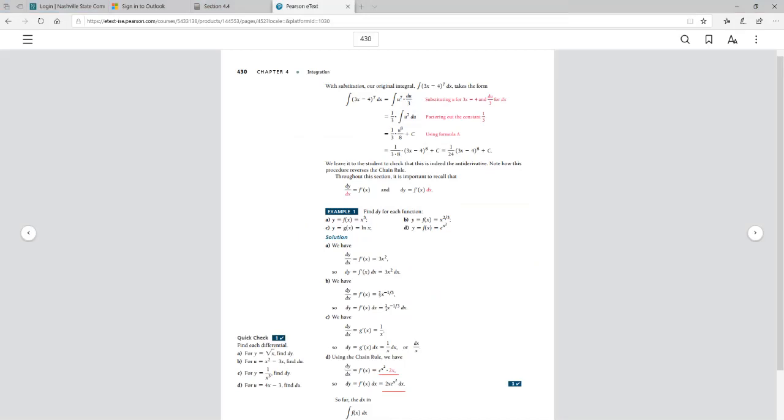And if you look at part B, we have x to the power of 2/3. And if we want the derivative, that's just going to, let's go down and look at part D. Since dy over dx is equal to 2x e to the x squared, then that means that dy is going to equal 2x e to the x squared dx.